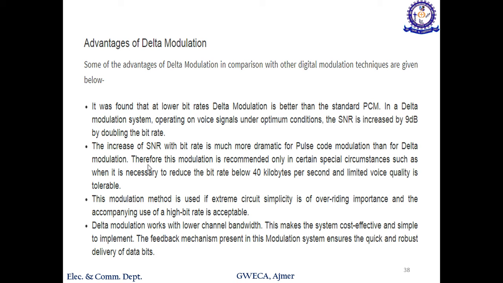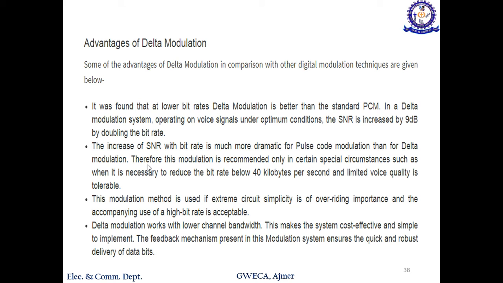Next, the modulation method is used if extreme circuit simplicity is needed, as it is simpler than pulse code modulation, and the accompanying use of a high bit rate is acceptable. Next, delta modulation works with a lower channel bandwidth. It uses time division multiple access.